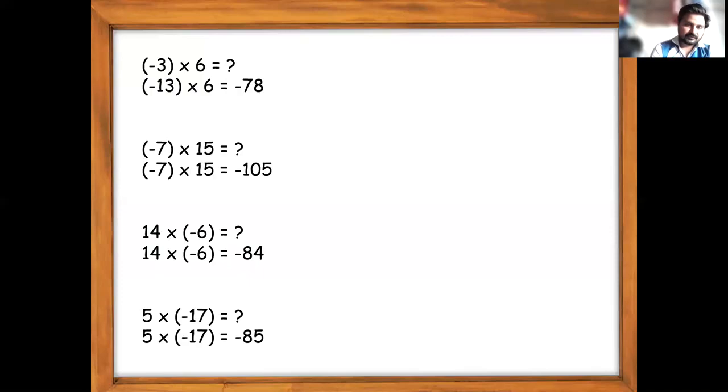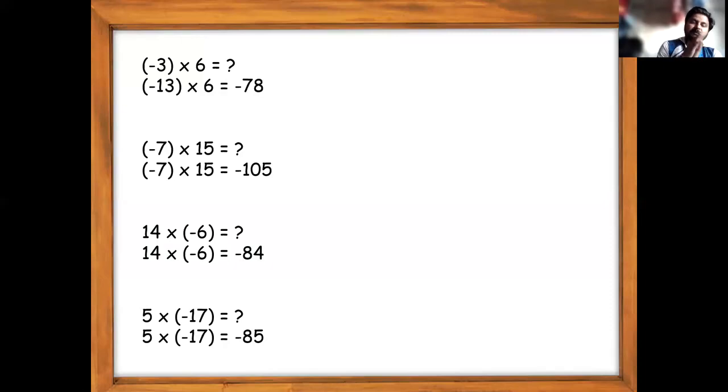So students, after looking at all these examples together, tell me what do you infer from all these examples? Absolutely correct. So whenever you multiply a positive integer with a negative integer, the final answer you get would be a negative integer.